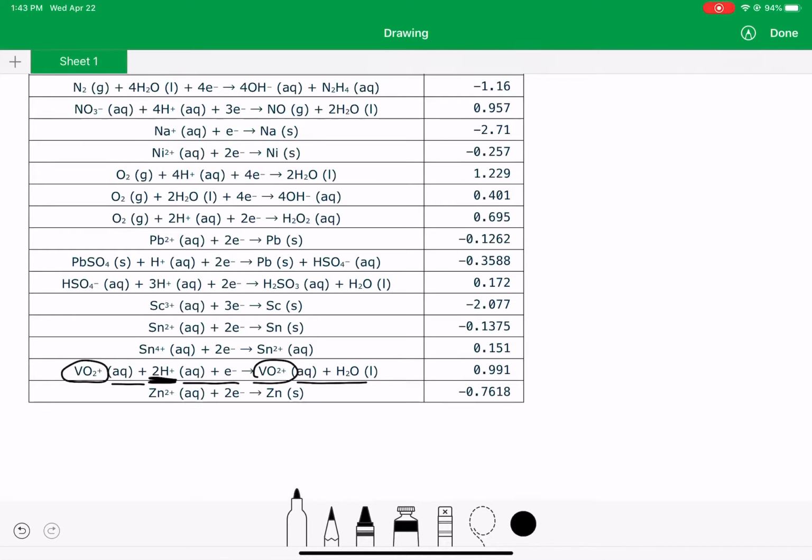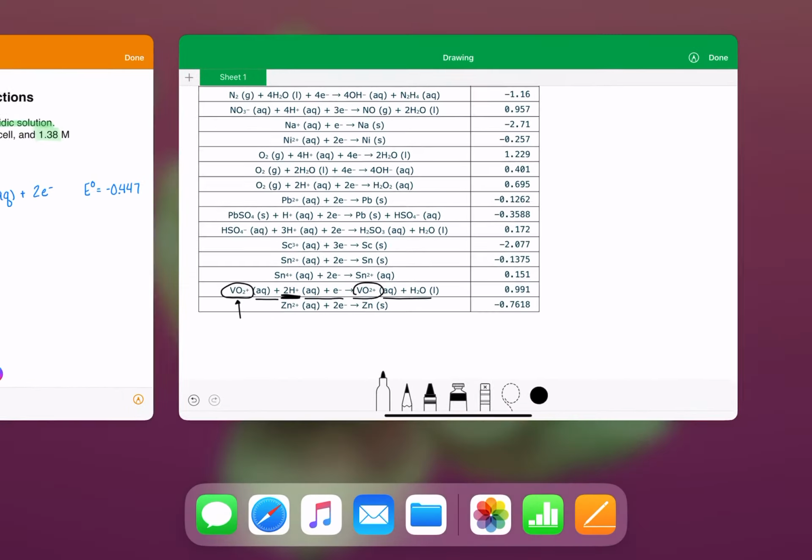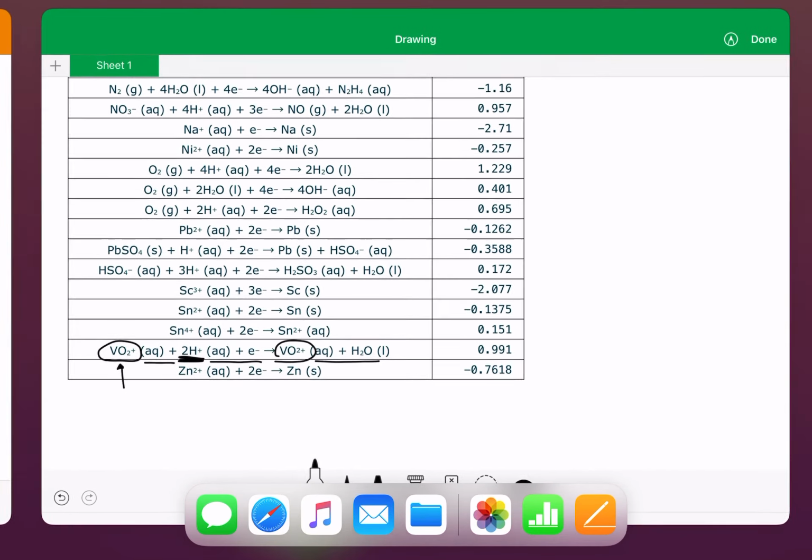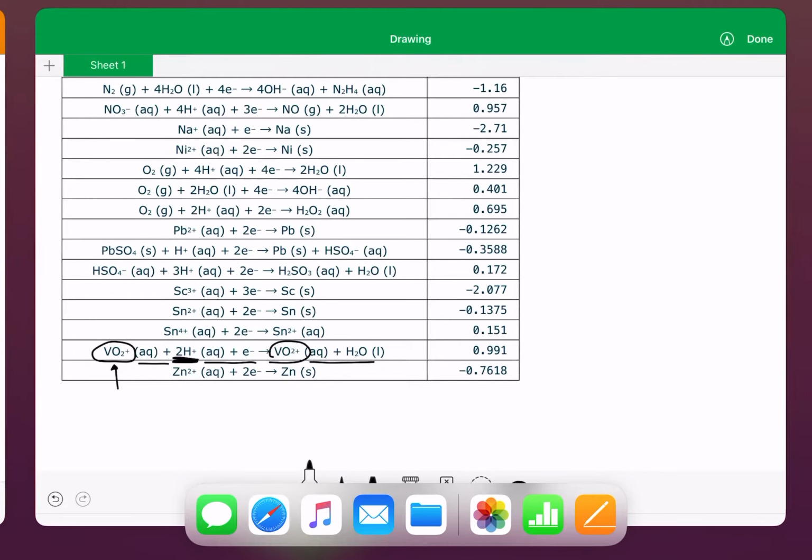We do want to make sure that we're getting the VO2+ on the correct side. Let's take a peek here. We want the VO2+ on the left side. So we want this equation exactly as it's written.